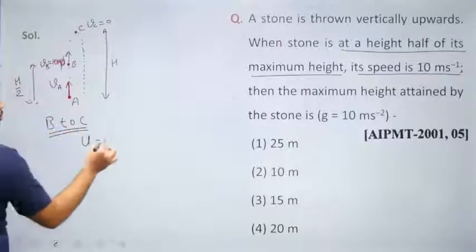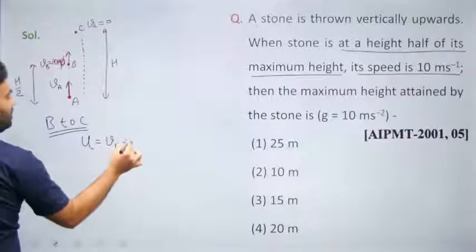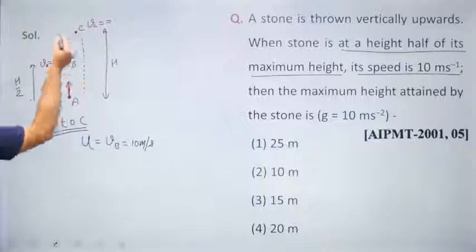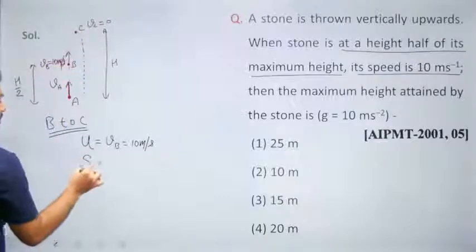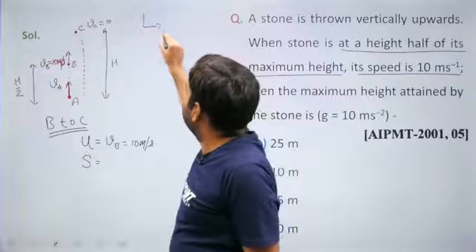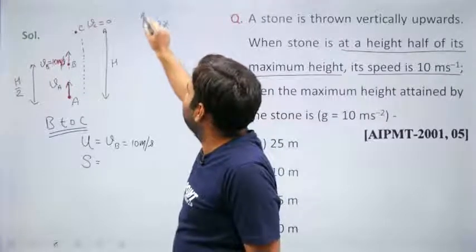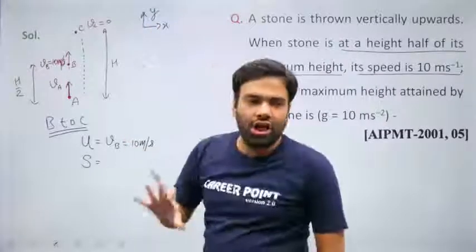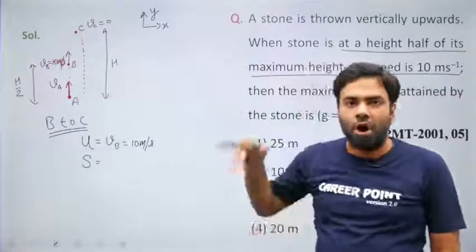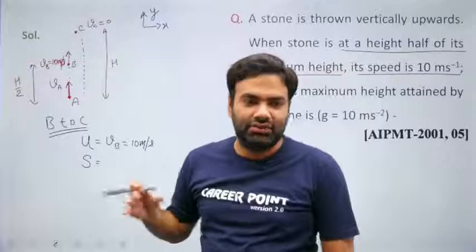It is equal to VB, which is 10 meters per second. What is the displacement? I am going to take this as positive x and this as positive y. So all upward values will be positive and all downward values will be negative.